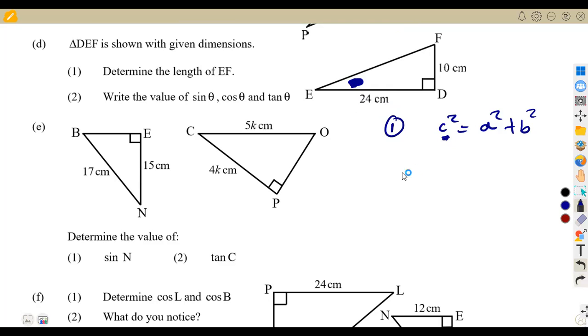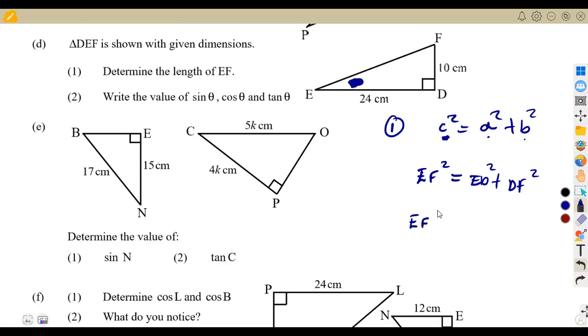So I can write this as EF squared, representing the hypotenuse, which is the longest side, is equal to A and B, any of these two shorter sides. So I can write in terms of ED squared plus DF squared. I can just write in terms of whatever I want, right? So I can substitute my values because I have ED and DF. I'm going to use them to calculate EF.